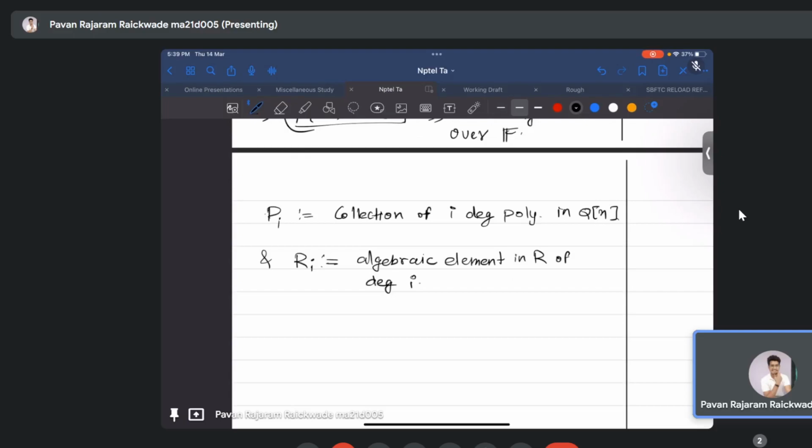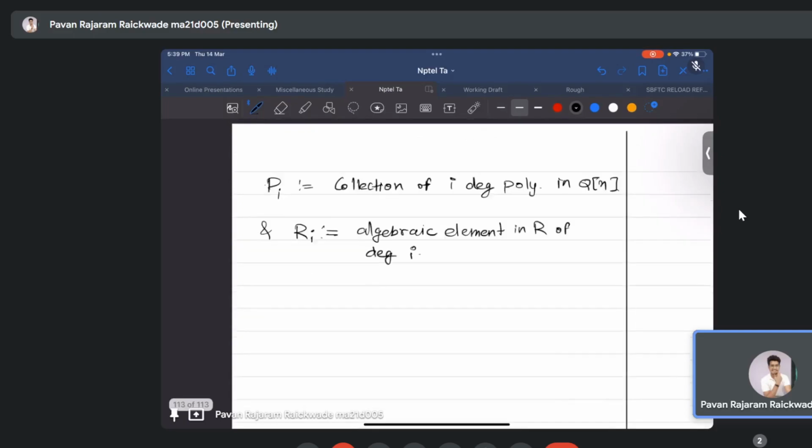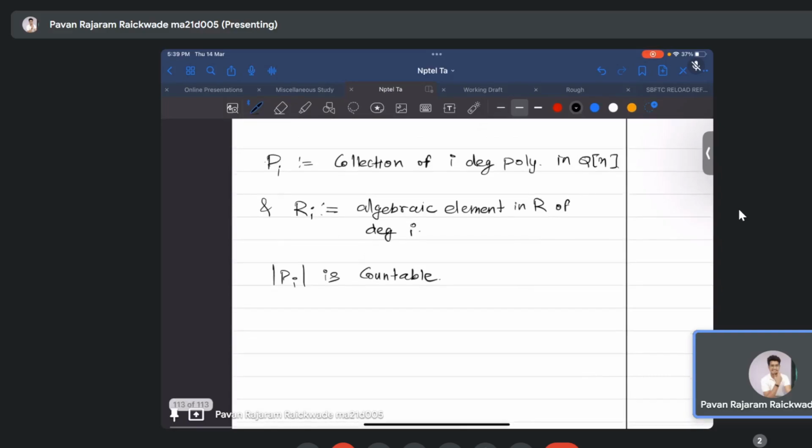Now, what is the cardinality of P_i? As you know, the cardinality of P_i is countable.